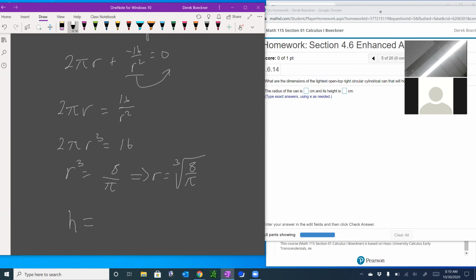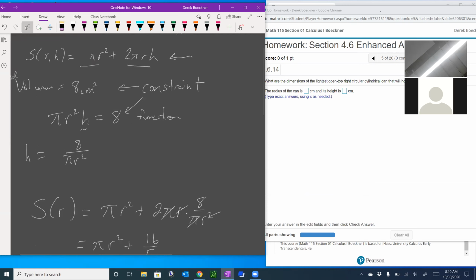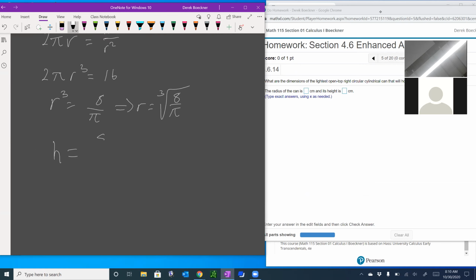h then, which was equal to, was it 8 over pi r squared? This all simplifies a little bit.